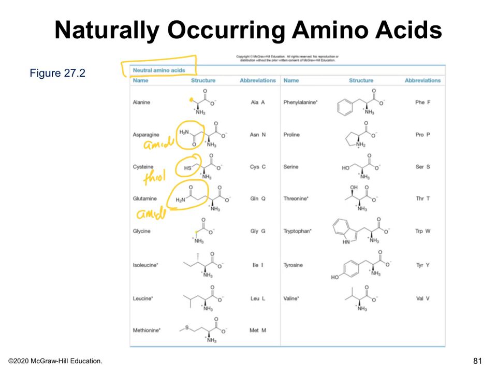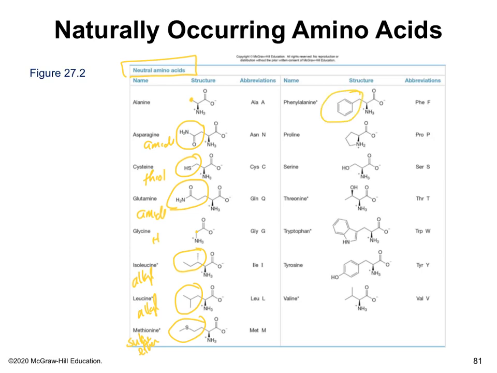Glycine just has hydrogen. Isoleucine is just an alkyl group. Leucine is another substituted alkyl group. Methionine is a sulfur ether or a thioether.